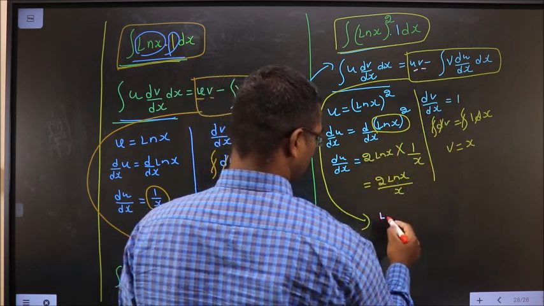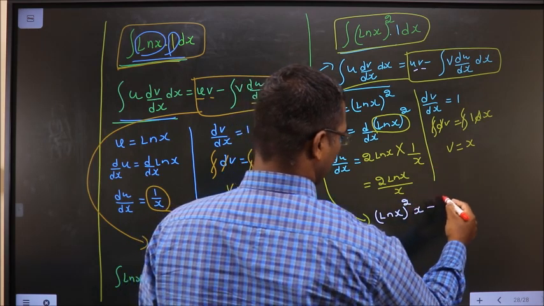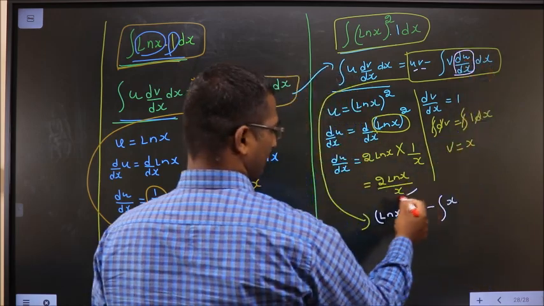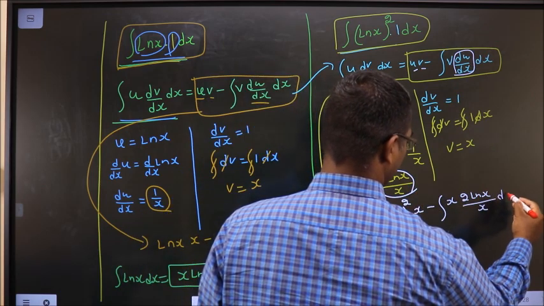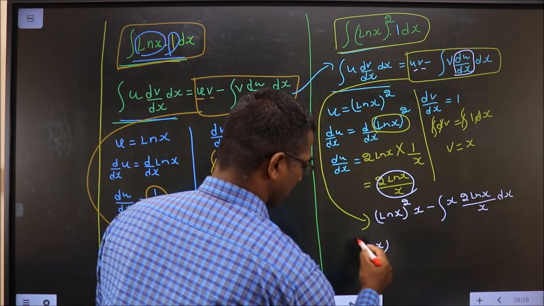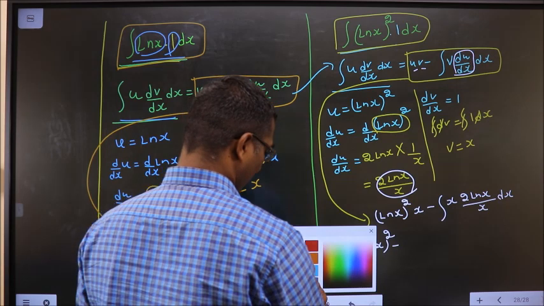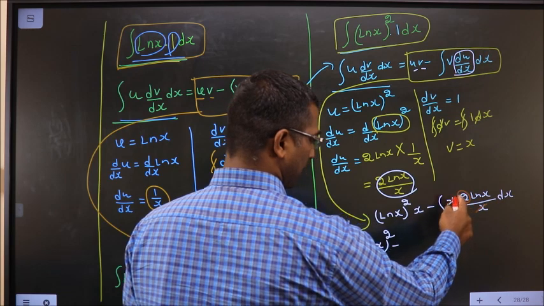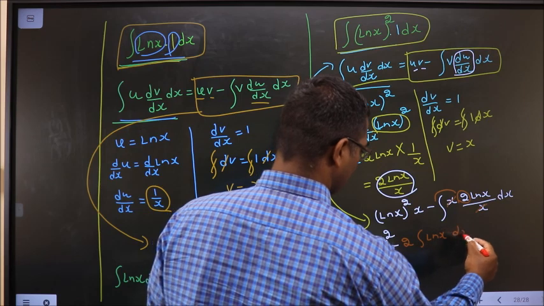So u is ln x whole square into v is x minus integration of v times du by dx, which is 2 ln x by x dx. Okay, now ln x whole square, x I write before, minus, now you see this x and this x cancel out, this 2 will not play any part outside, integration of ln x dx.